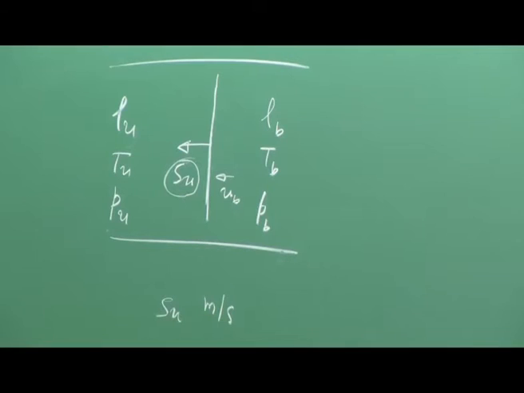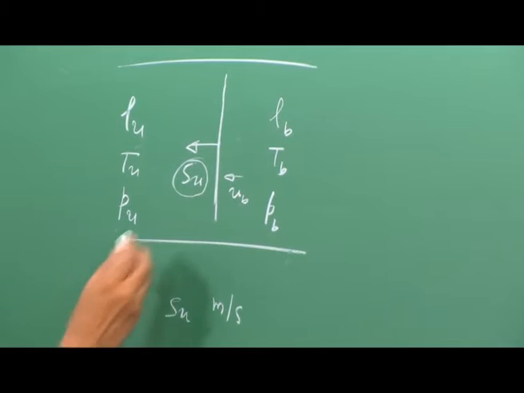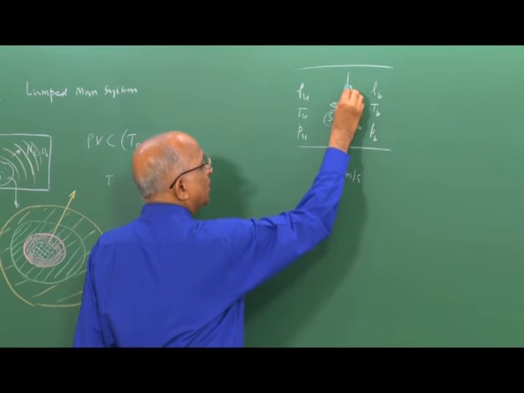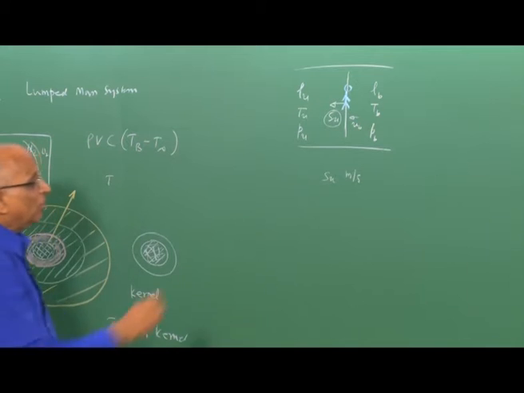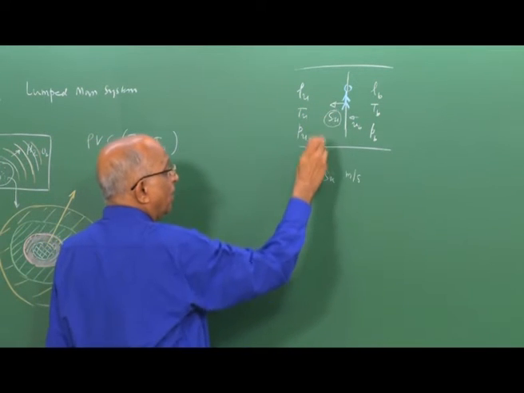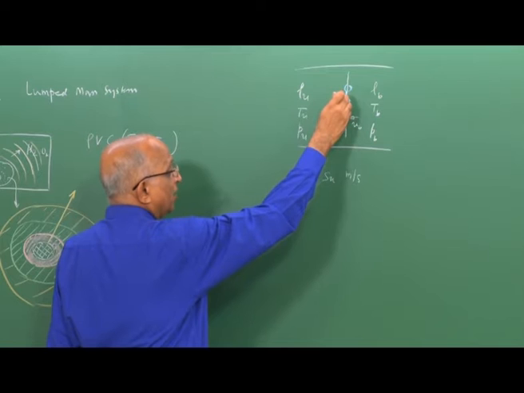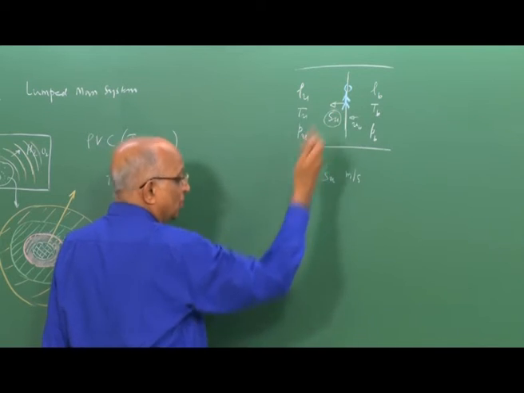It is somewhat difficult, and the easiest way is to effect a coordinate transformation such that I sit on the wave itself. That means I am looking at this problem in the context of the wave being stationary.